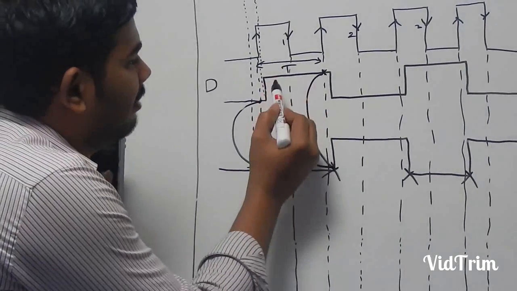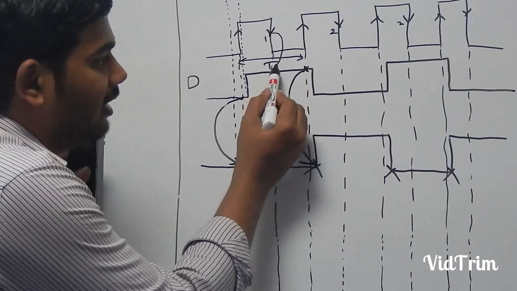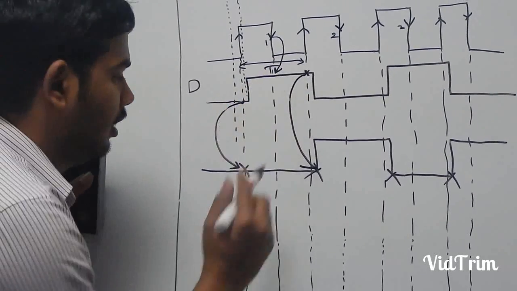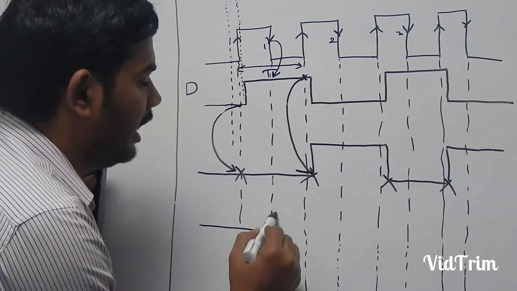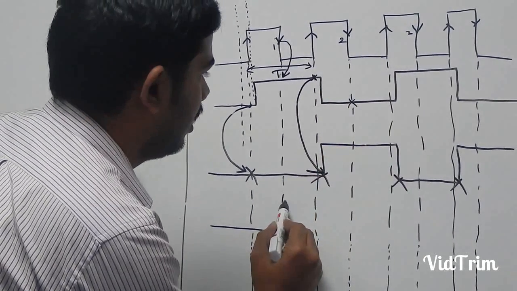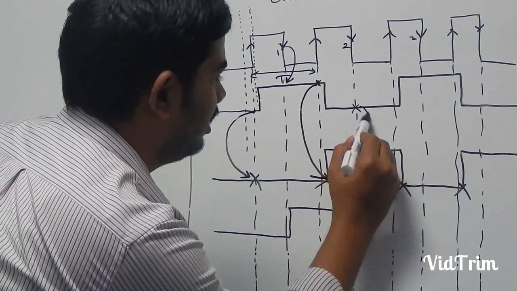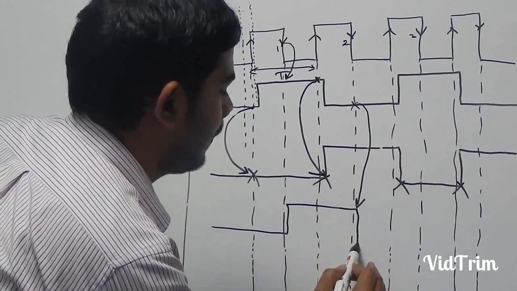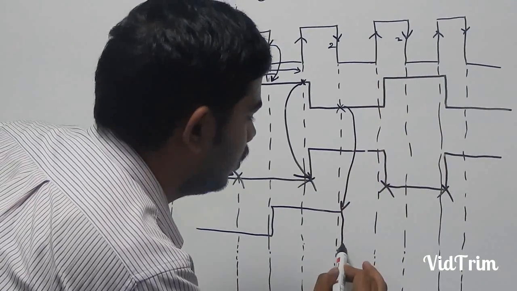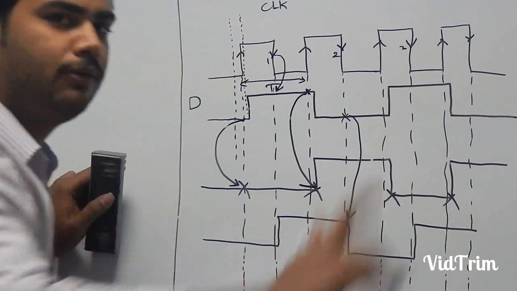At this negative edge my data is 1, so it is captured as 1, and at the next negative edge my data is 0, captured here. Again at the negative edge my data is 1, captured here, and so on.